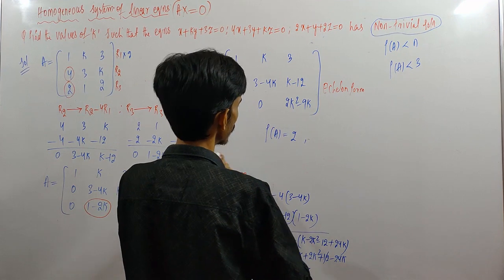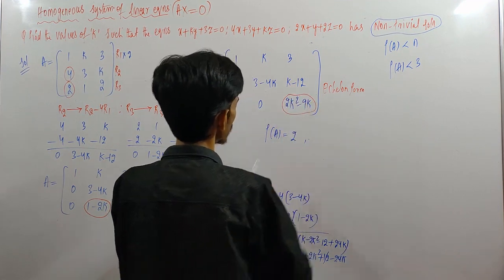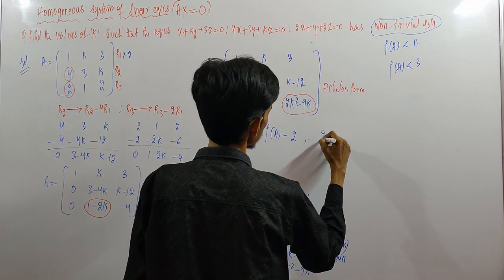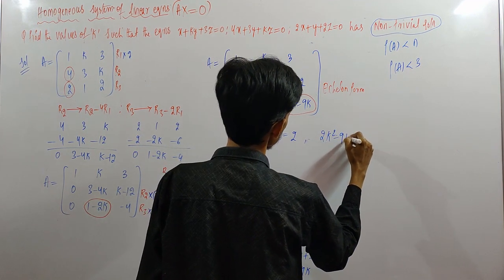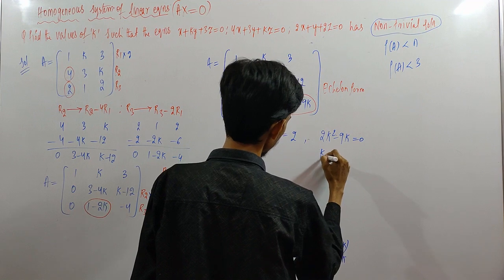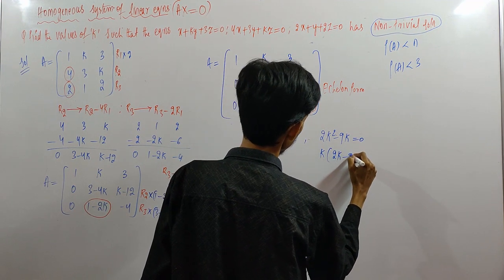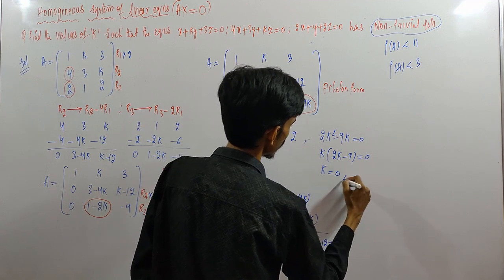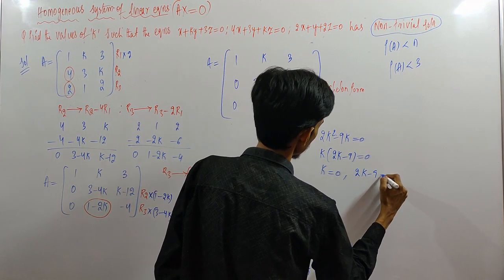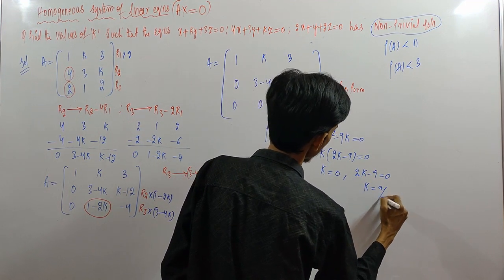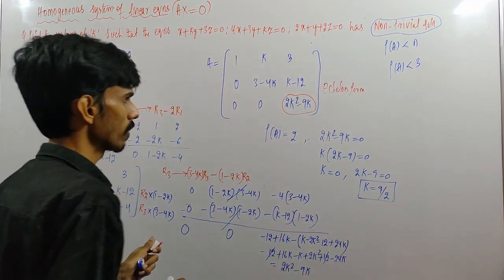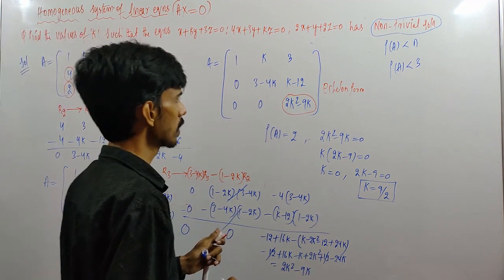So this element must be 0 so that we get rank 2. That implies 2k square minus 9k must be 0. Taking k common, we have k into 2k minus 9 equal to 0. Equate k equal to 0 and 2k minus 9 equal to 0, so k equals 9 by 2. So we have two values of k for which the system has a non-trivial solution.